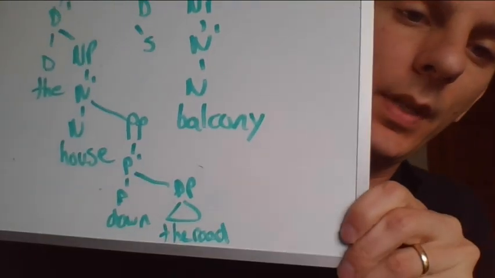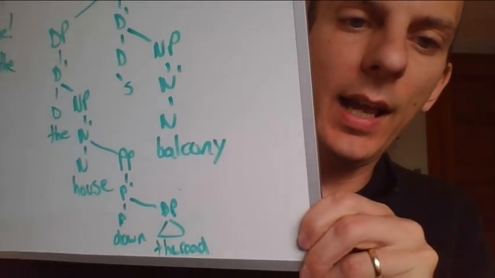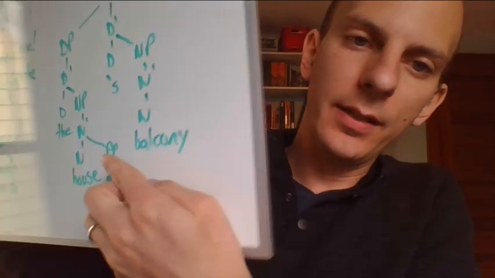I ran out of room. Well, you should still be able to get the idea from my shortened tree. Boom. So now we see we added in this prepositional phrase.